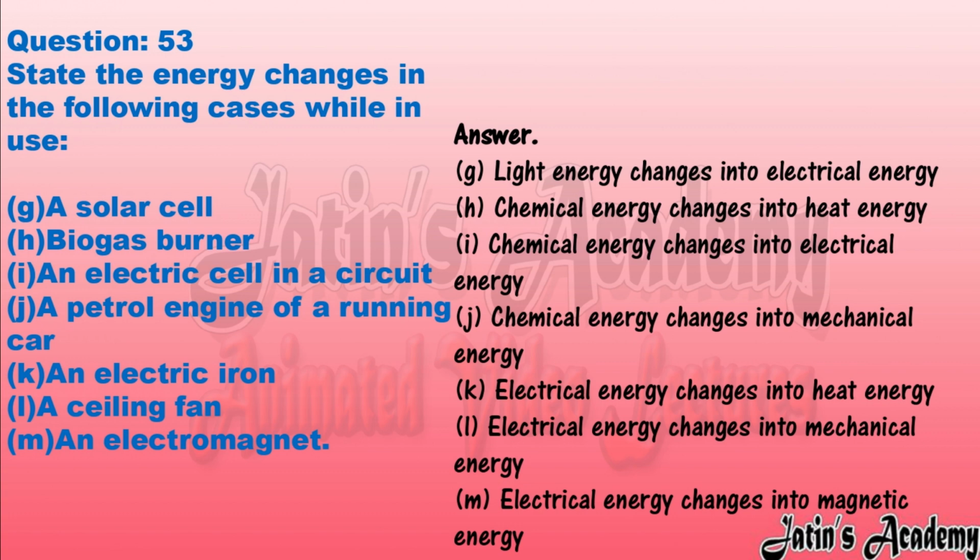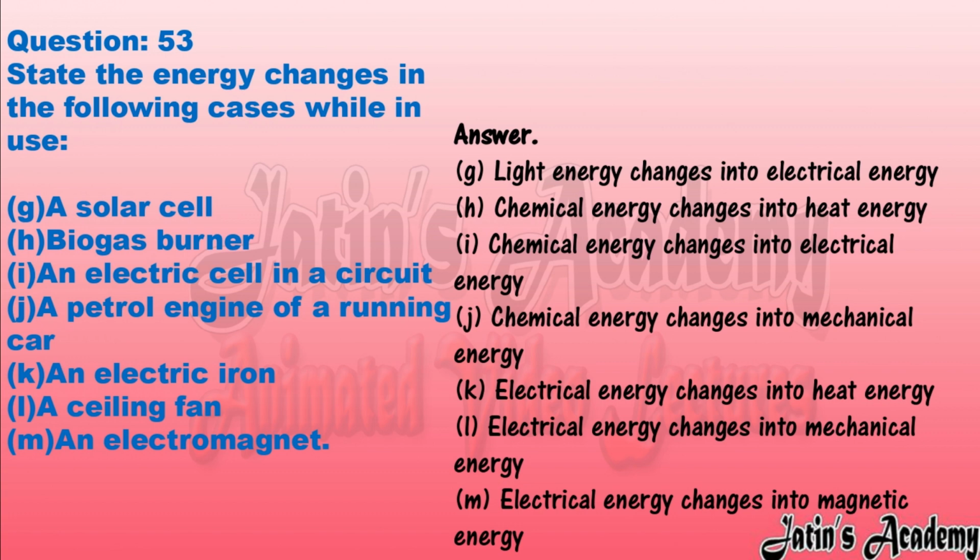Seventh, a solar cell. Answer. Light energy changes into electrical energy. Eighth, biogas burner. Answer. Chemical energy changes into heat energy. Ninth, an electric cell in a circuit. Answer. Chemical energy changes into electrical energy. 10th, a petrol engine of a running car. Answer.